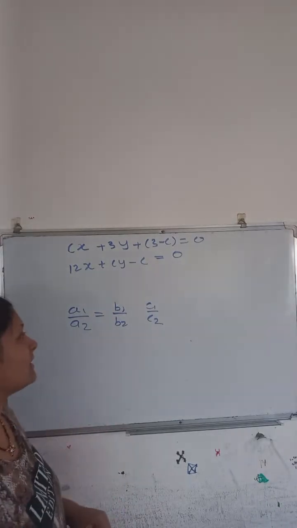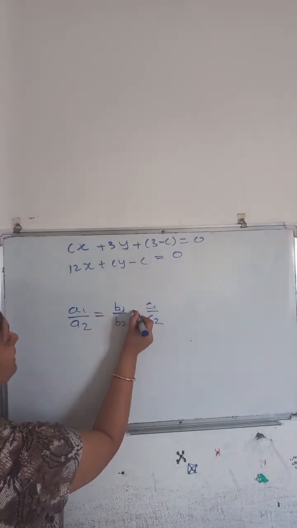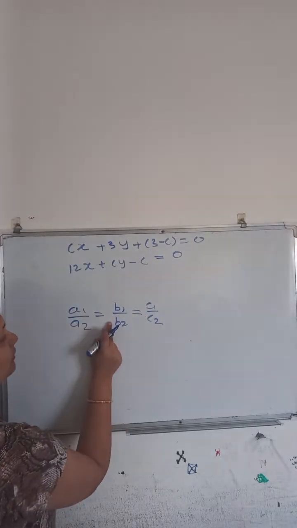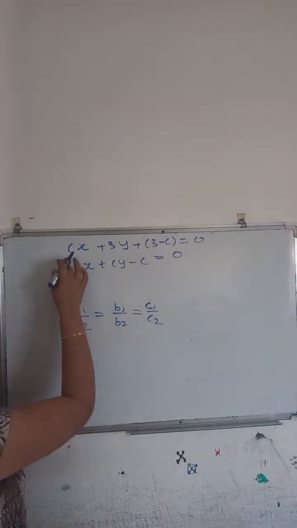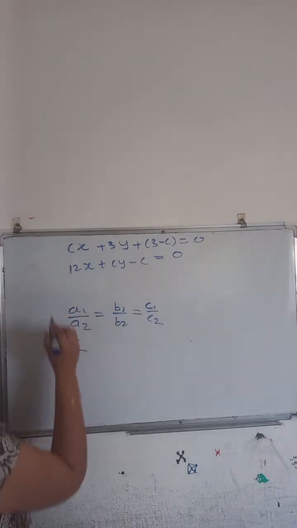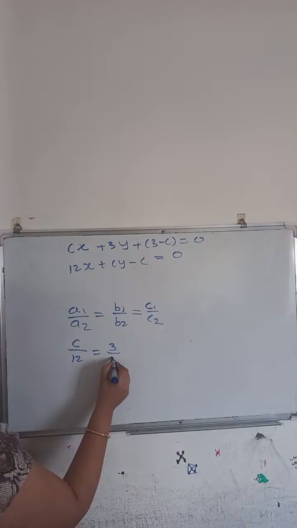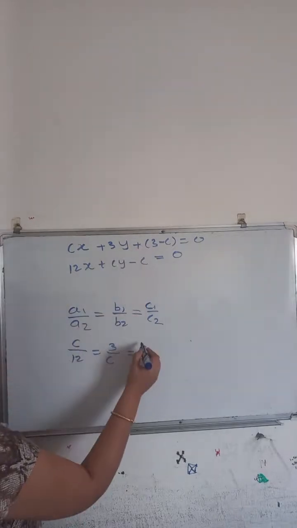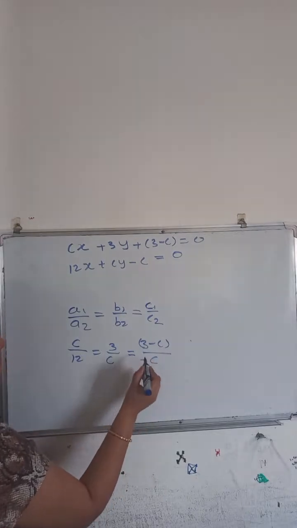And I already discussed with you, the condition for overlapping is A1 by A2 is equal to B1 by B2 is equal to C1 by C2. Now A1 is C, A2 is 12. B1 is 3, B2 is C. Equal to, you will get 3 minus C divided by C with minus sign.